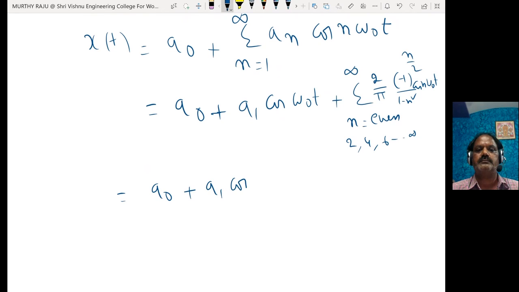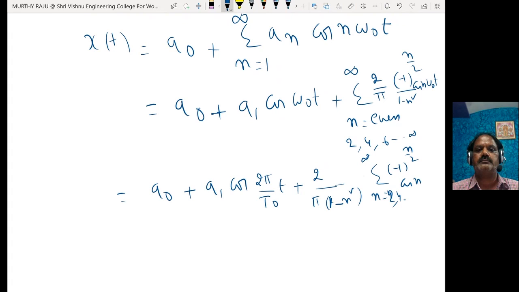That is equal to a naught, a1 cos omega naught t, where omega naught is 2 pi by t naught, into t. Here 2 by pi into 1 minus n square, sigma n is equal to 2, 4 up to infinity, minus 1 whole power n by 2, cos n 2 pi by t naught into t.